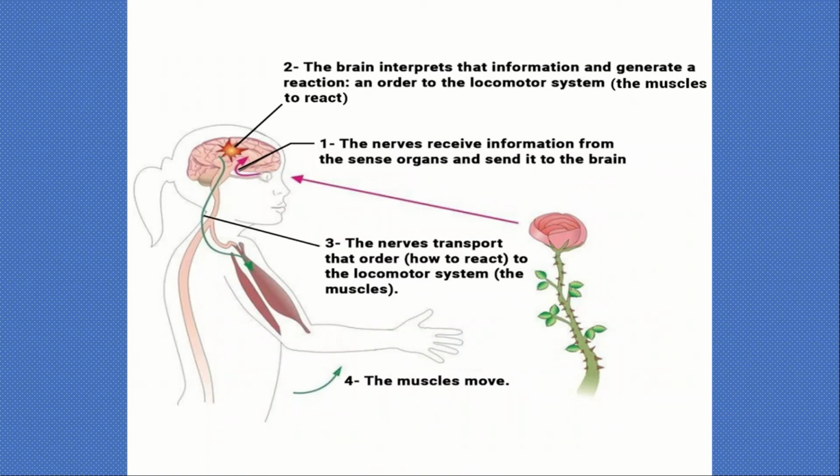Next, the brain interprets all the information to understand what has to be done and sends the command to the motor system, the movement system. Third, the nerves transport that order on how to react to the locomotor system, the muscles. And finally, the muscles move. All these actions take place in a very short time.